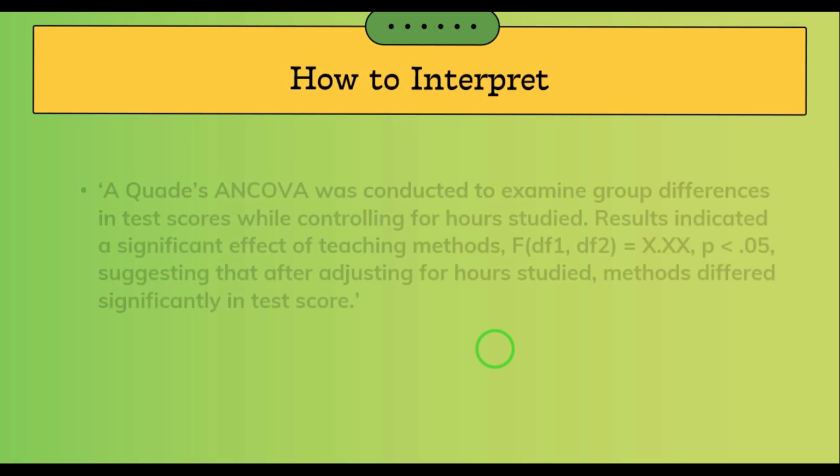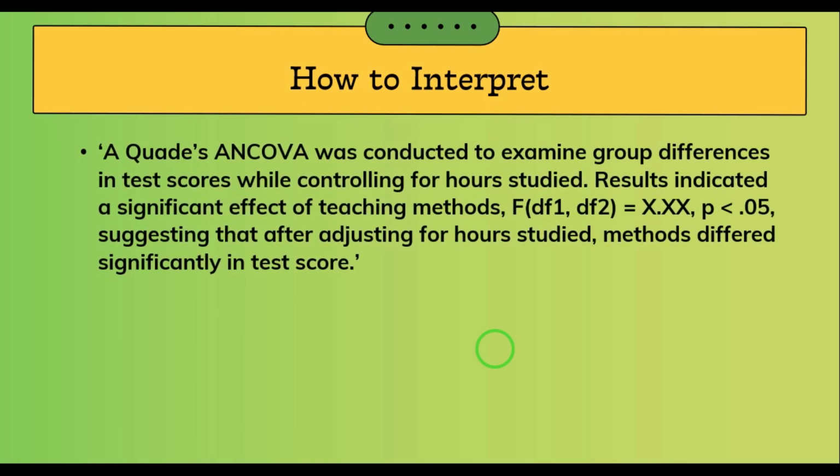Good news is that interpreting Quade's ANCOVA is similar to interpreting ANCOVA, just non-parametric. For our example, the different teaching methods' effect on test score, you'd write something like this. A Quade's ANCOVA was conducted to examine teaching method differences in test score while controlling for hours studied. Results indicated a significant effect of teaching methods based on the F statistic and p-value.